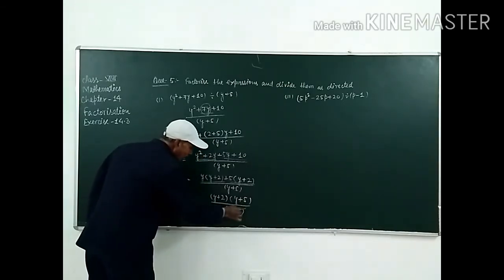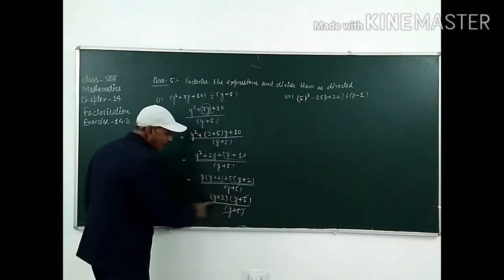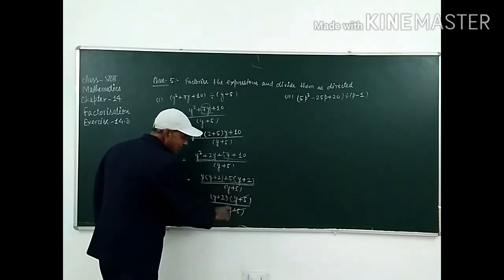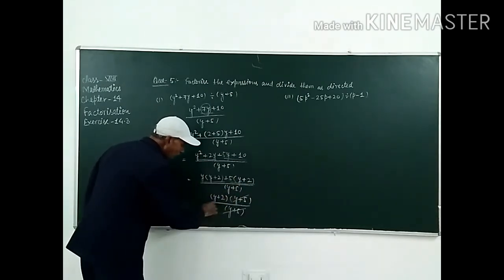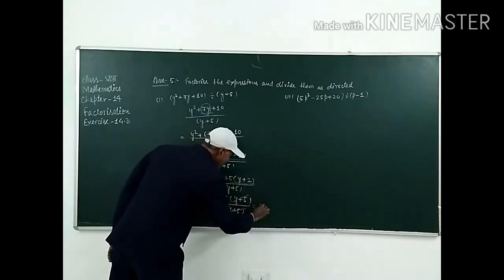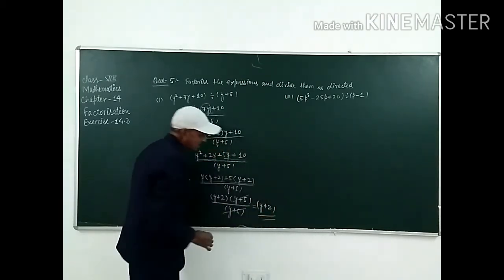So this one y plus 5 and y plus 5 will be cancelled because this one is numerator and this is denominator, so they divide each other. Only y plus 2 will remain, and this is the answer, student.